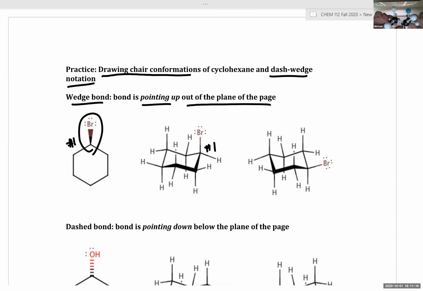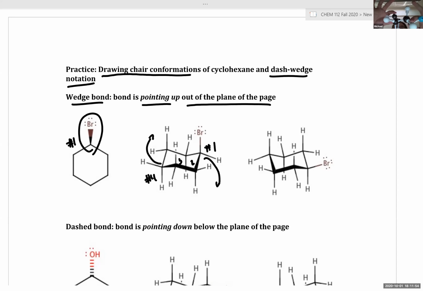Okay, now I'm going to do a ring flip. So I have carbon 1 right here, and I'm going to bring my carbon 1 down and carbon number 4 up. So I'm going to execute my ring flip. That gives us the following structure.